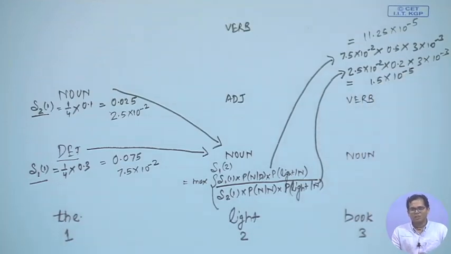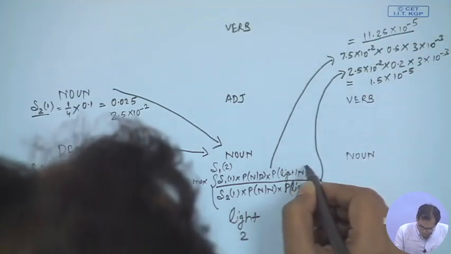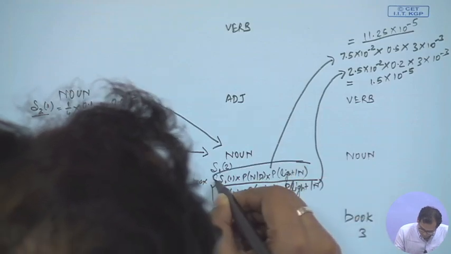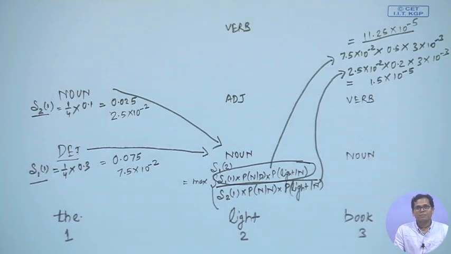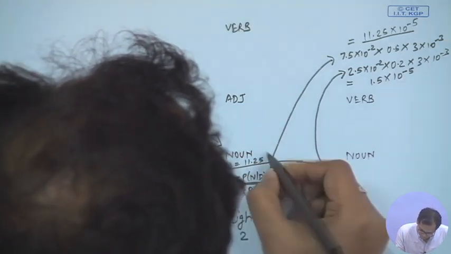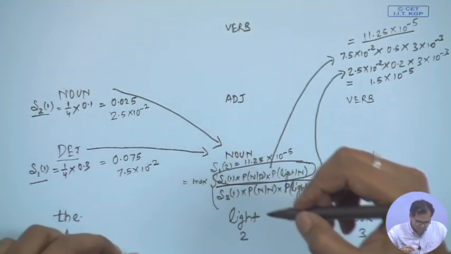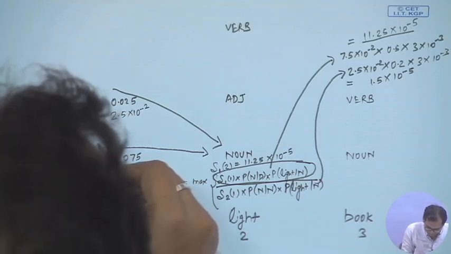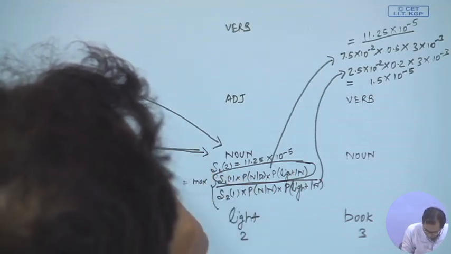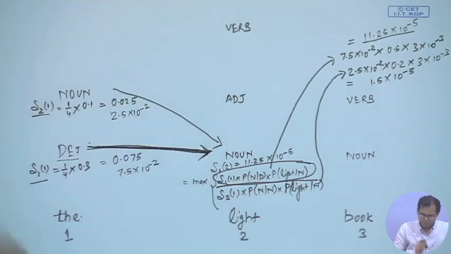From these two you can say that the first one is higher than the next one, so this is what you will take. You can store delta 1 2 as 11.25 into 10 to the minus 5, and you will also store the backtrace coming from this path. Same thing you will do for adjective and verb.